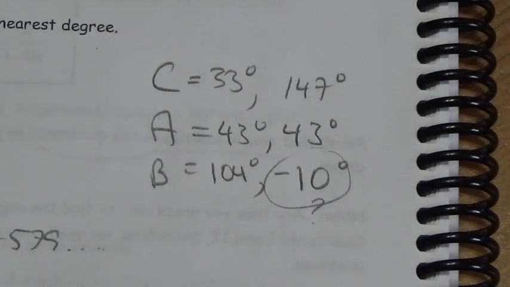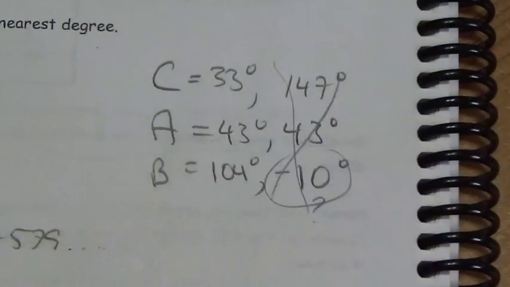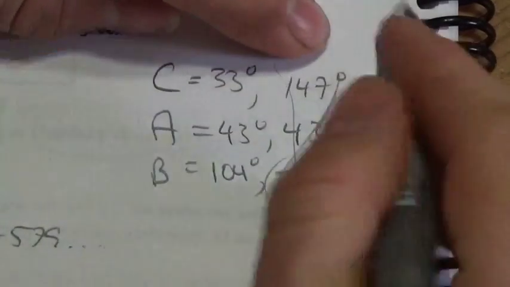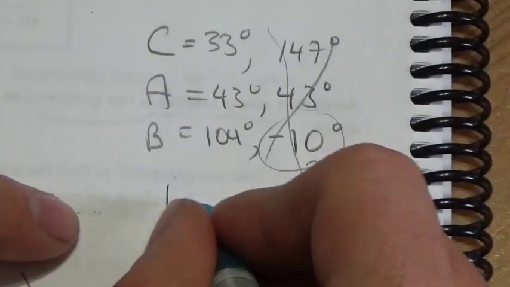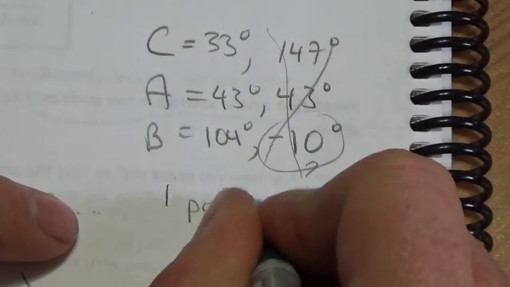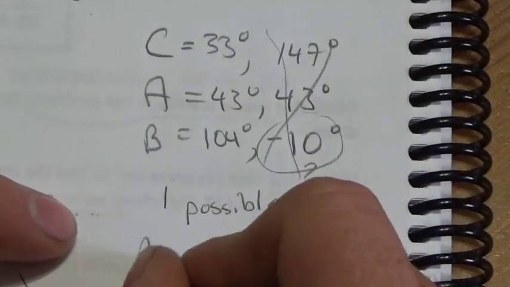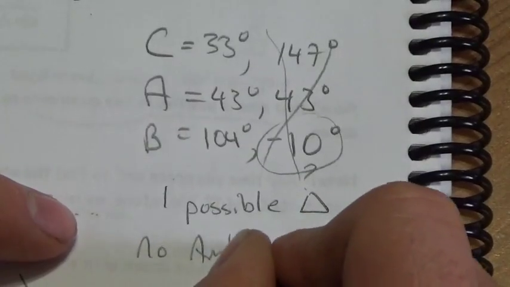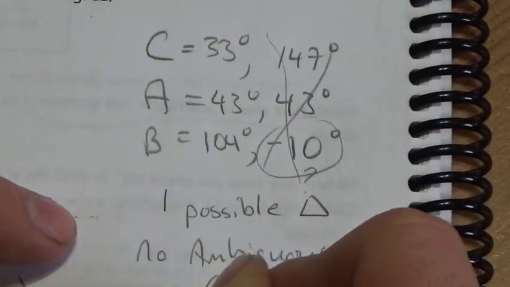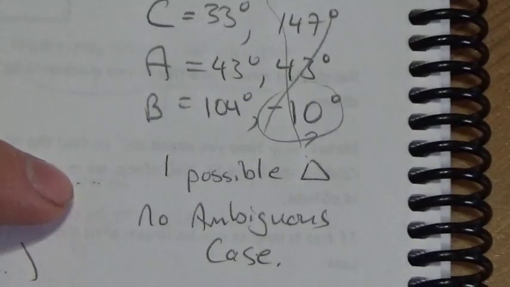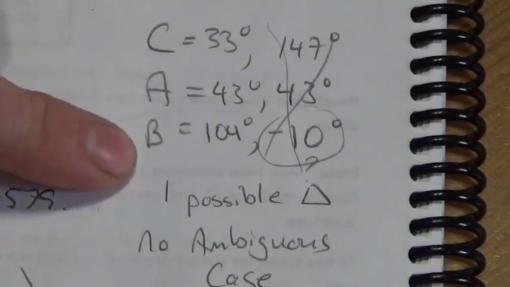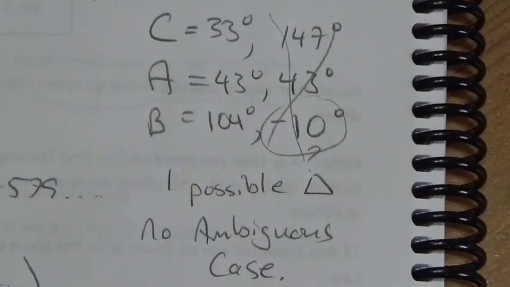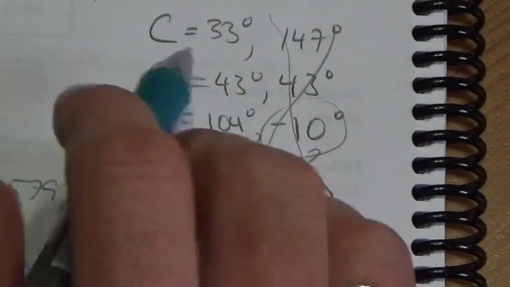So what that means is that option, that 147, is no option at all. There is only one possible triangle here, so there's no ambiguous case. The answer here has to be 33, 43, 104 degrees. So the only possible answer for angle C is 33.